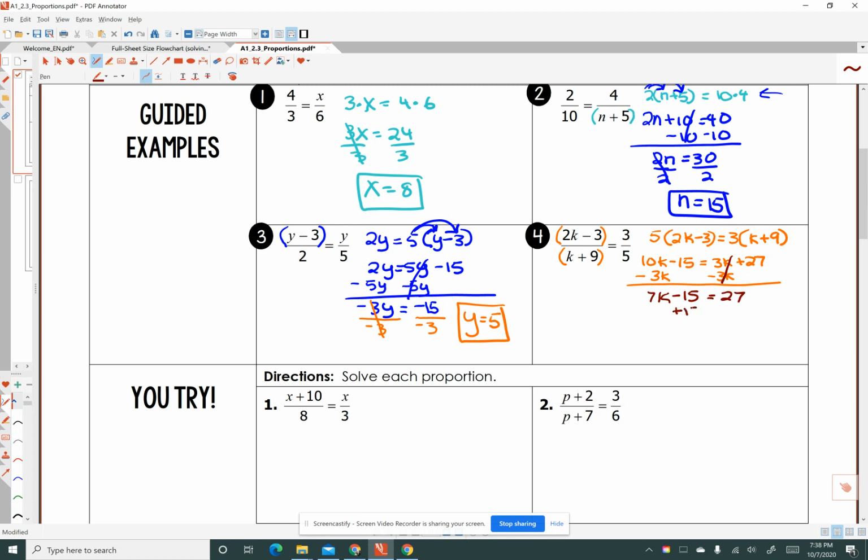Let's go ahead and add 15 to each side of the equation, which gives us 7k equals 42. We'll divide both sides by 7, and k equals 6.